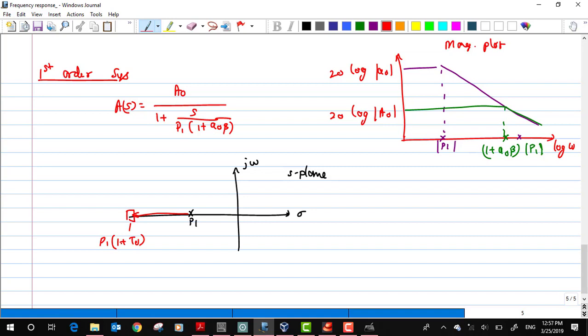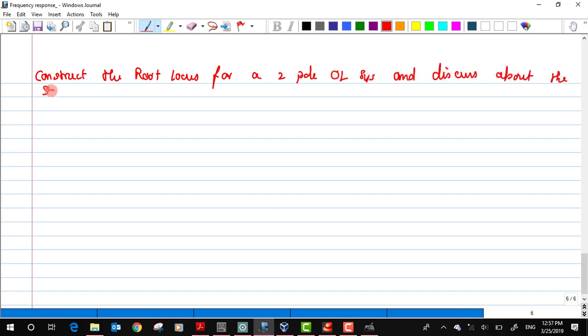Now we'll make a quick small exercise. You have already answered it, but still I thought I will do it. I have two poles in my open loop system, and I'm asking you to analyze the root locus plot.